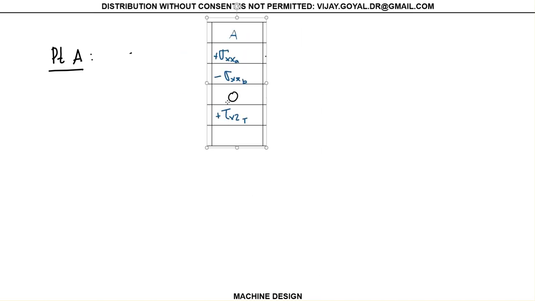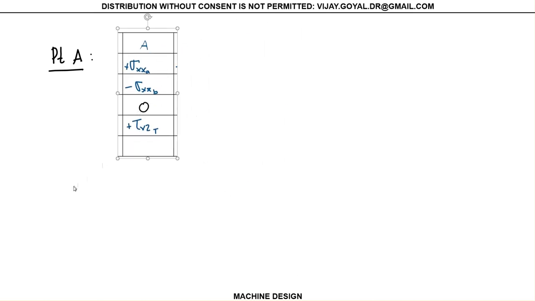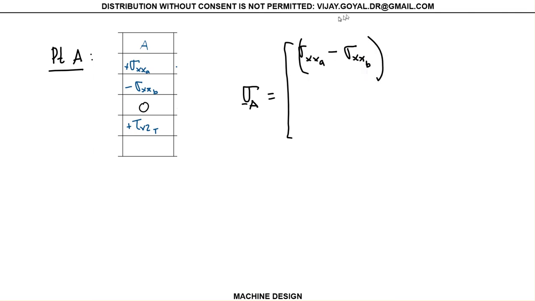This is what my stresses are at that point A. Let's build our stress state. Your stress state for point A will be nothing else than sigma xx A minus sigma xx B. The total thing here is sigma xx, so I have to add them up.